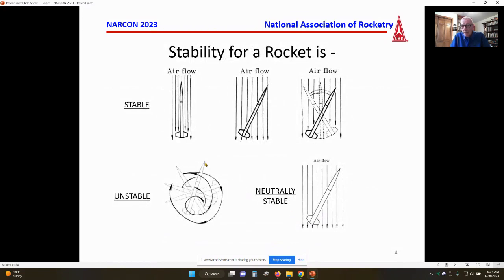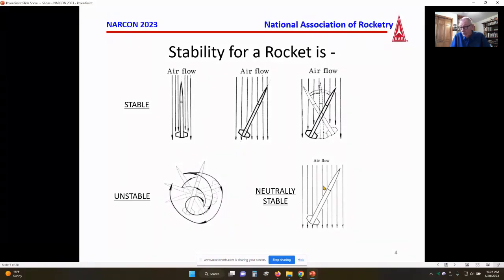For a rocket, that has to do with relative to the airflow over the rocket. Model rockets are aerodynamically stabilized, and that's because the airflow over the rocket, if it's stable, will tend to bring it back into a neutral position. That is, as you push it to one side, it will tend to come back and fly into the wind rather than fly all over the place, which is what would happen if it were unstable.